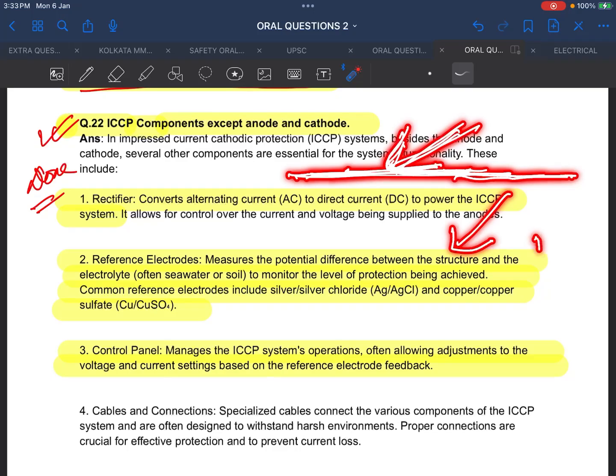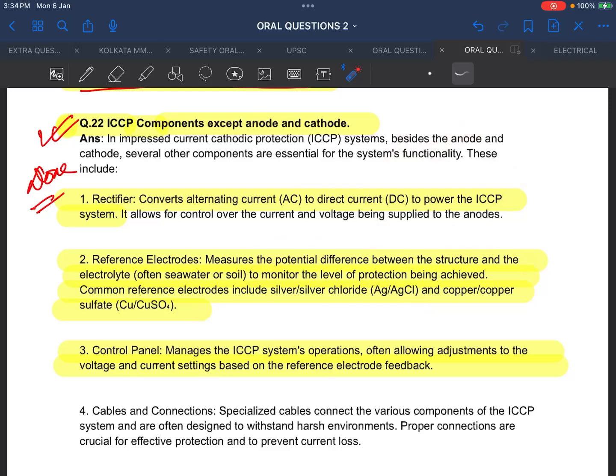So we have to protect our hull. Anyhow we have to protect it, but how? We have to minimize this corrosional current, which is created by the potential difference between anode and cathode.